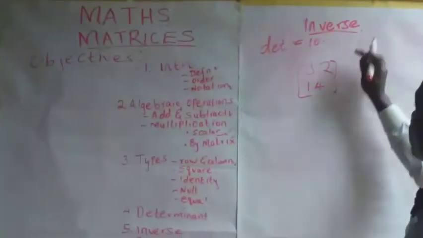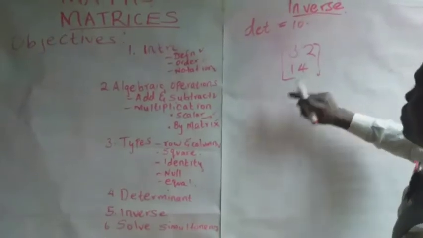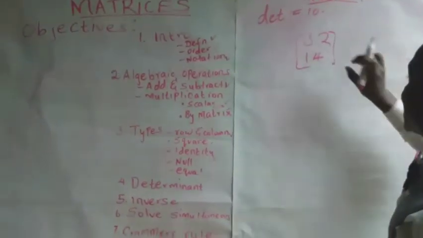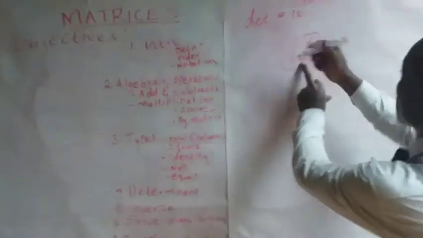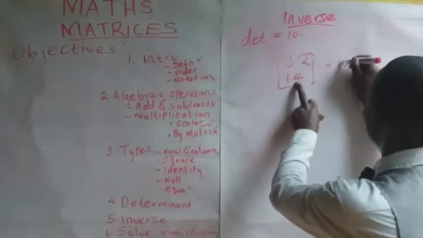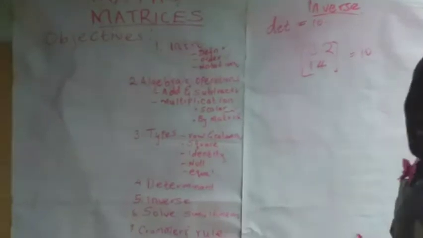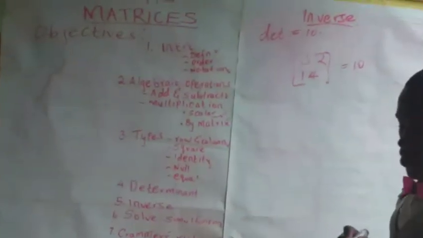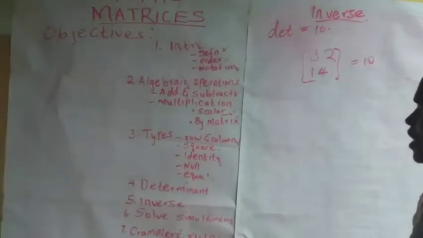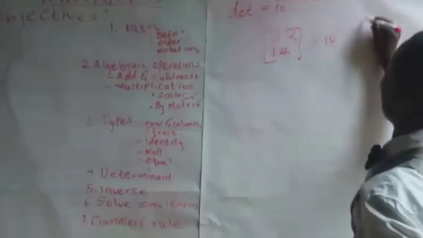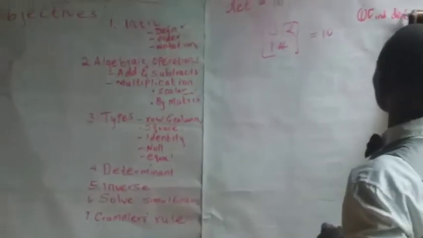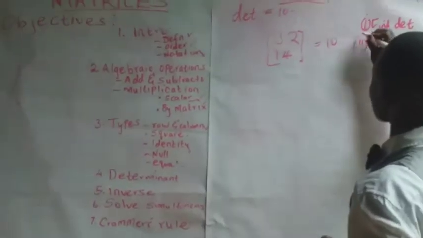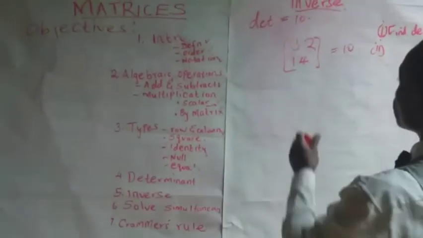We found the determinant to be 10, so I know you can remember how we found it. Once we find the determinant to be 10, we go to the second step. Step one: find the determinant.